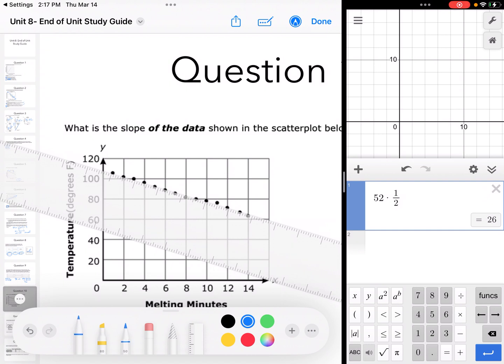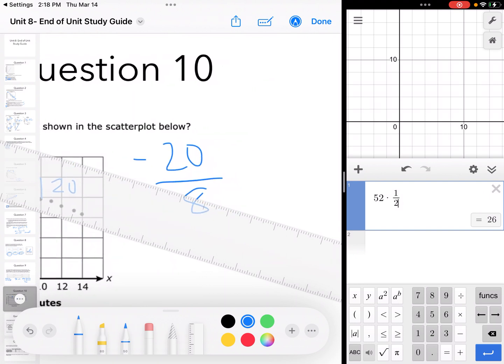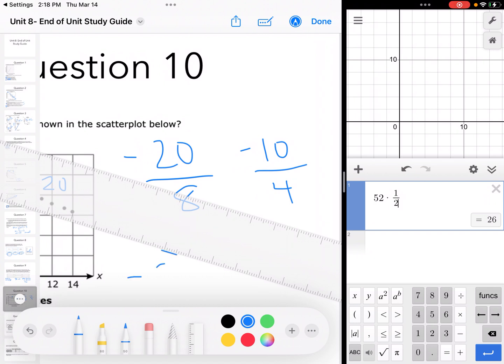So the rise is 20, and the run is 2, 4, 6, 8. So negative 20 over 8. And if I reduce that, it would be negative 10 over 4. And if I reduce that, it would be negative 5 over 2.